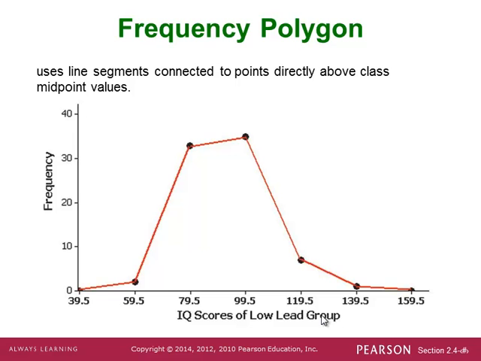So if you were to go back to that histogram that we did last week regarding the IQ scores of a low lead group data set, but if we were to connect the top middle of each vertical bar on the histogram and then took away the bars, and we used sequential line segments to connect the dots, then we would have our frequency polygon.